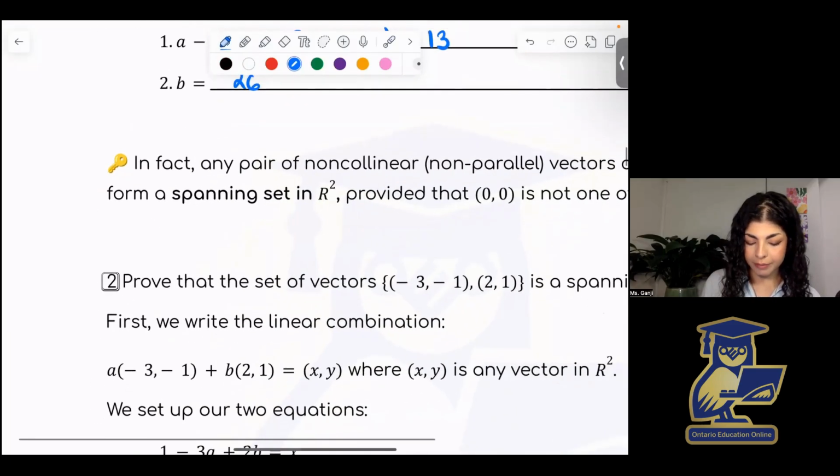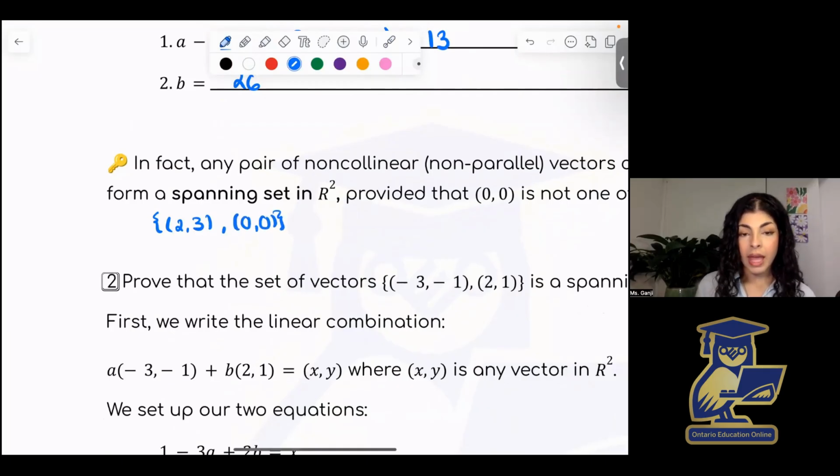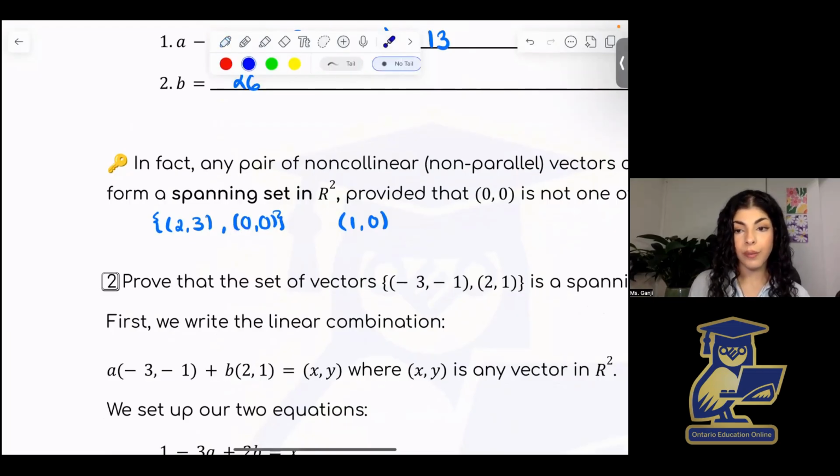So let's say you have 2, 3, and 0, 0 as your set. Then if I ask you to form the vector 1, 0, any scalar multiple of 0, 0 is just going to be 0, 0, so the zero vector. So that's actually not going to help you at all.